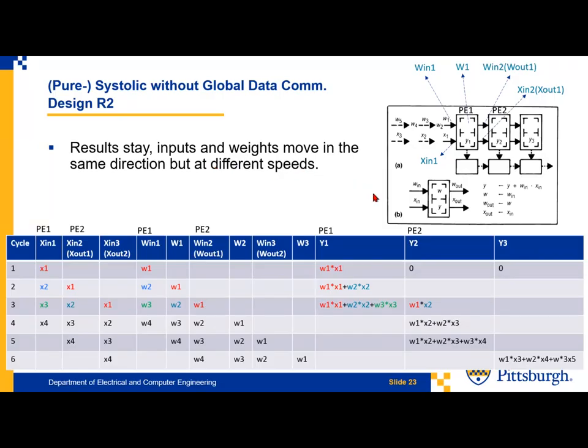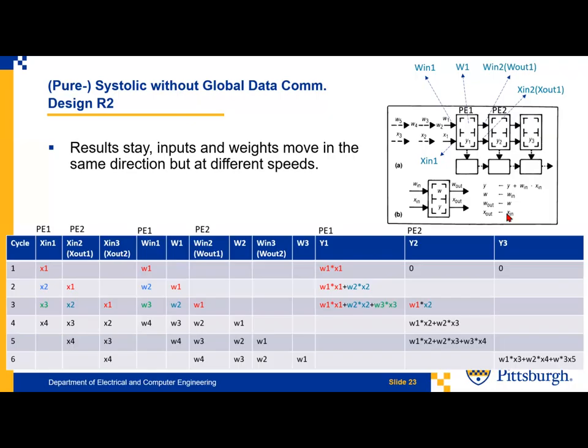The different speed means the input X and the weight both propagate through all the processing elements, right? But they run at different speeds. And the definition, why they have different speeds, is here.